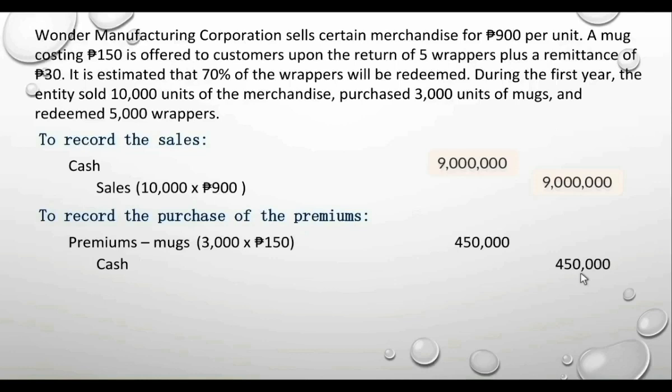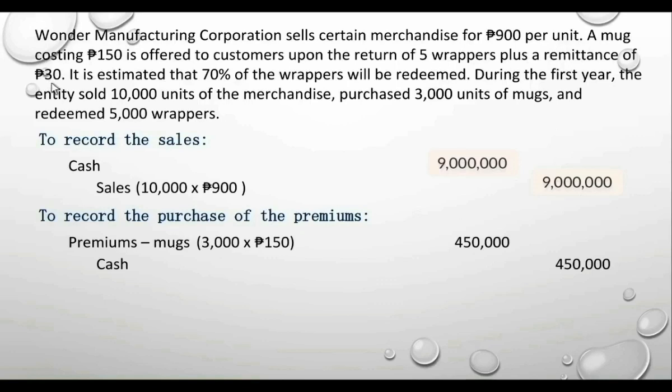Another transaction is the redemption of 5,000 wrappers. The second sentence of the problem reads, a mug costing 150 pesos is offered to customers upon the return of 5 wrappers plus a remittance of 30 pesos. When 5 wrappers of the merchandise are returned by a customer, he must pay 30 pesos to get a mug.